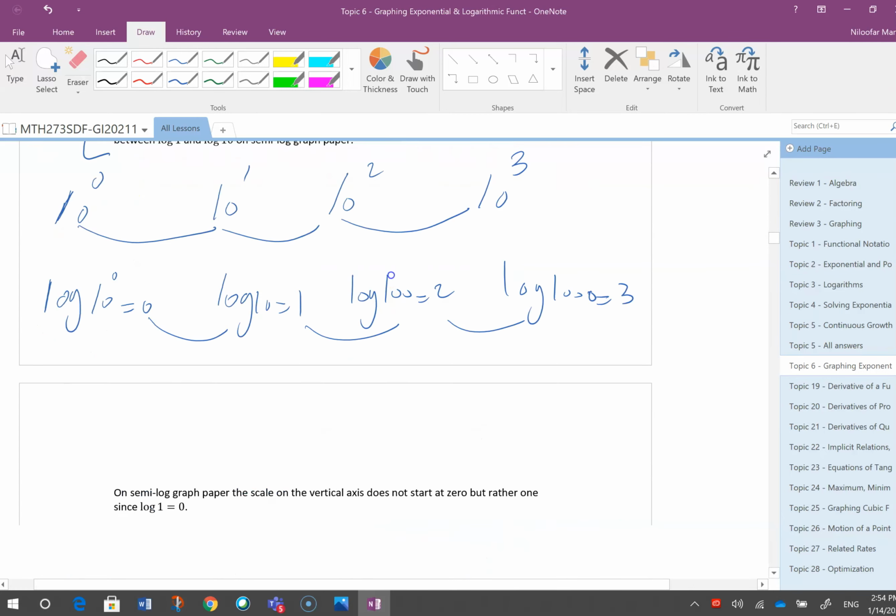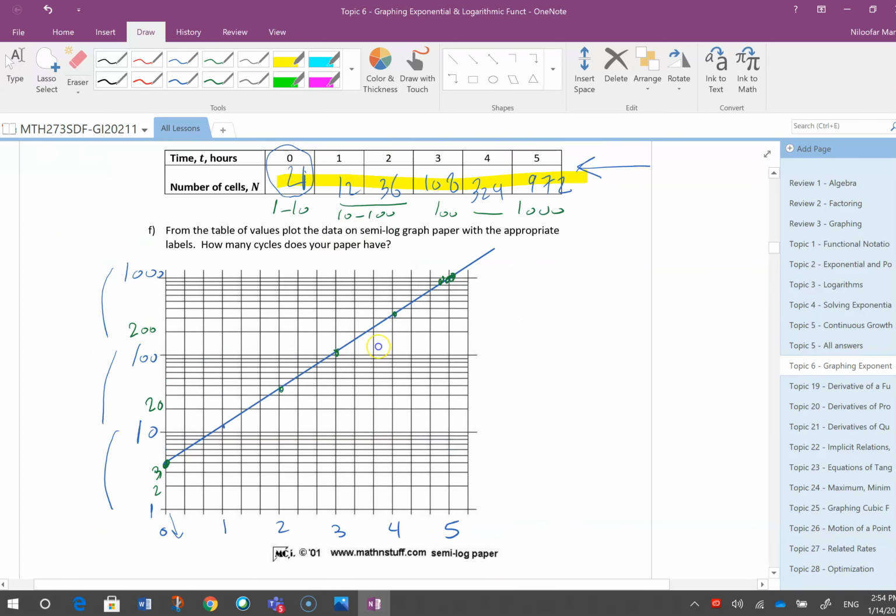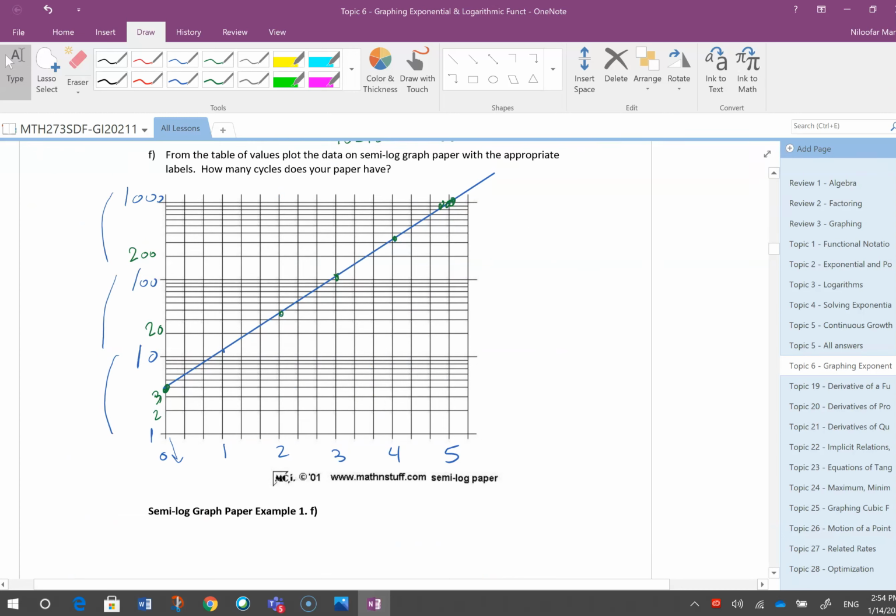It was hard to see on the curve, but if I want to see it here, I do 3.5, then I make a perpendicular line here, then I go across to here. Oh yes, it is almost 190. 187 is the answer.